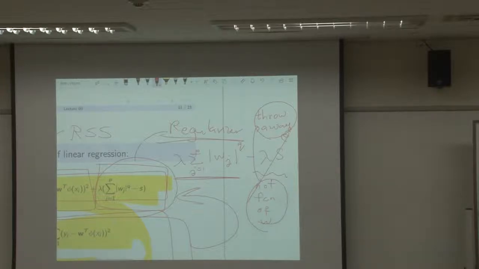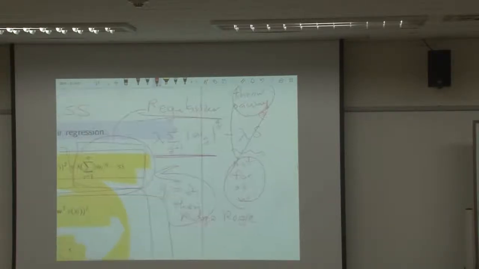And so ridge regression is when Q is equal to 2. So when Q is equal to 2, then it's ridge regression. Right? It's the same.